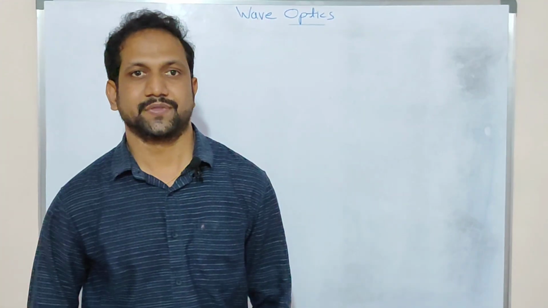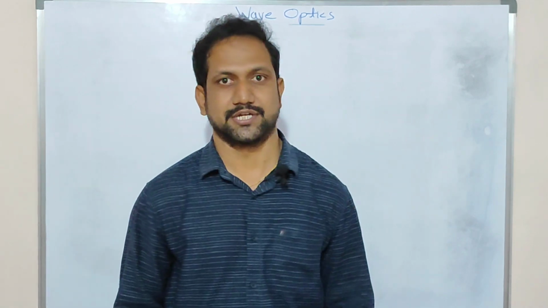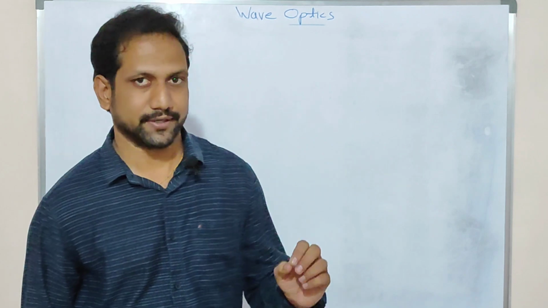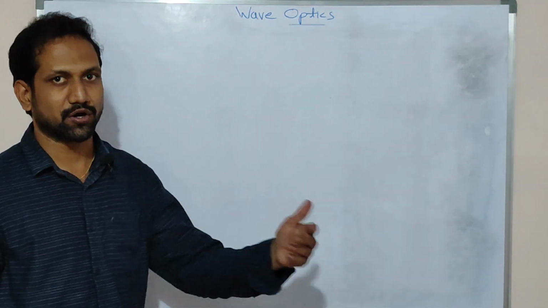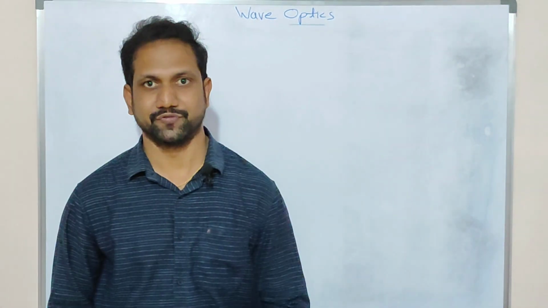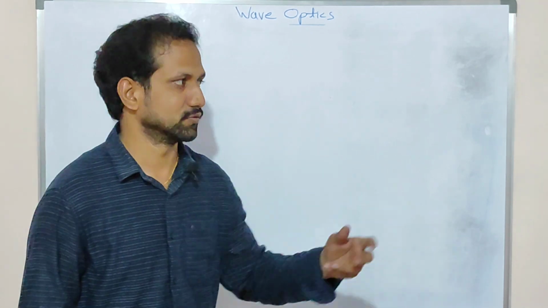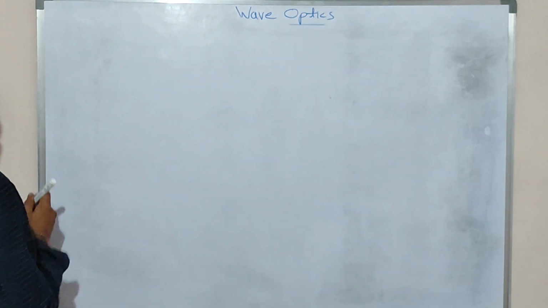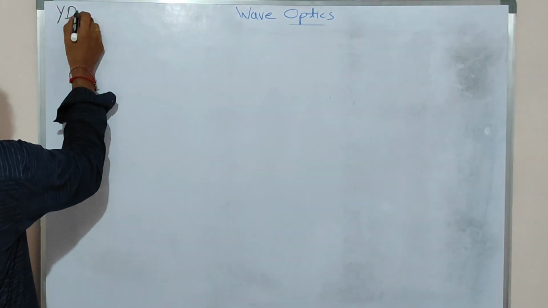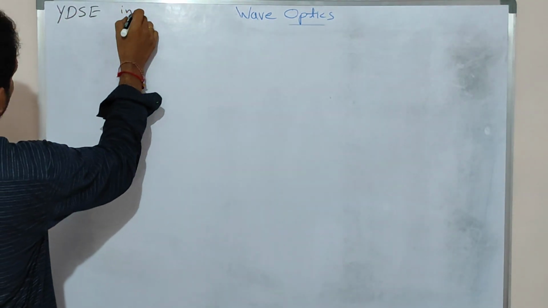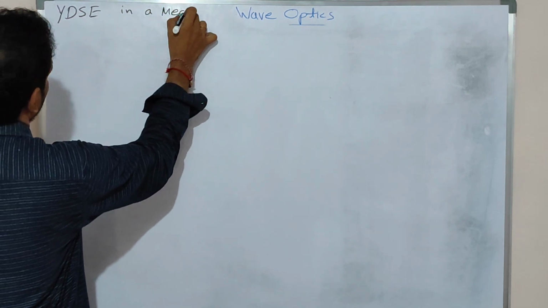Let us consider Young's double slit experiment in a medium. Till now, what we have discussed is the experiment done in air. If it is done in water or any other medium where the refractive index is not equal to 1, they will give you some value of mu. So we will consider YDSE in a medium.